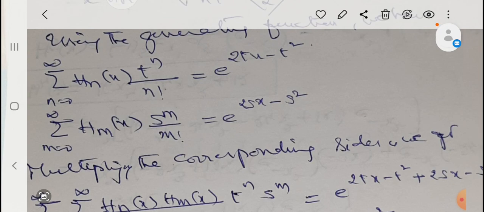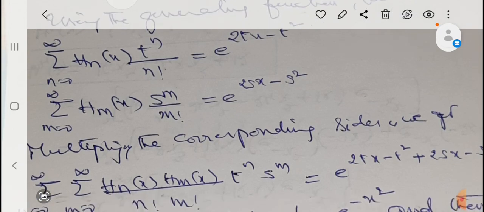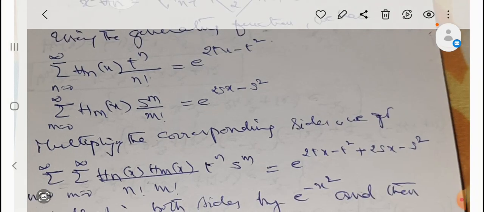Now multiplying corresponding sides we get the double summation, n running from 0 to infinity, m running from 0 to infinity, Hn of x into Hm of x into t power n into s power m divided by n factorial into m factorial. And the right hand side becomes e power 2tx minus t square plus 2sx minus s square.